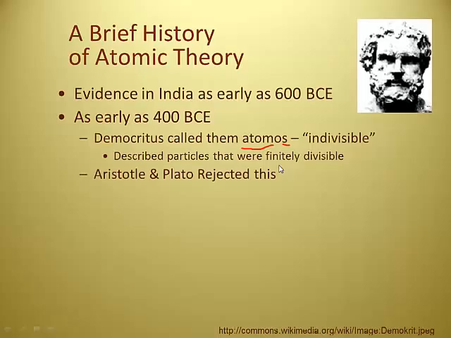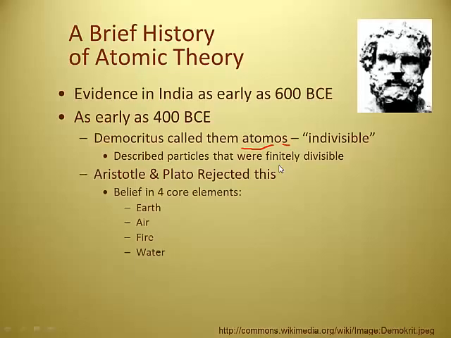The reason you've probably never heard of Democritus is because there were two other philosopher-scientists at the time called Aristotle and Plato. They wound up being better liked because some of their ideas were better liked by the population. They believed in the 4 core elements: that absolutely everything was made of earth, air, fire, and water.